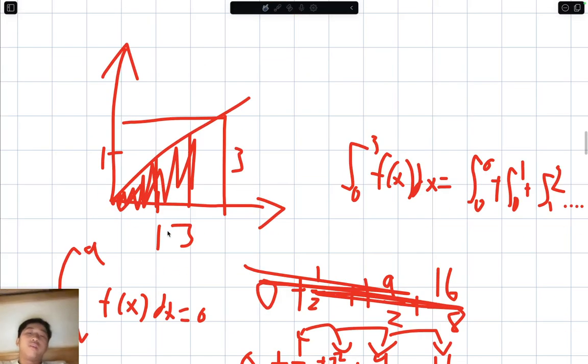Like, let's say 1 and 3, right? I had to subtract the area of 1 from 3 to only get the area at 3.